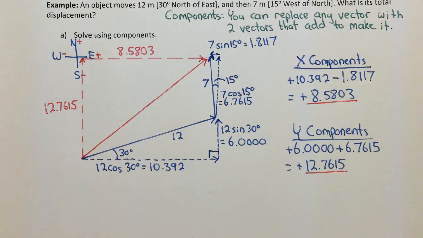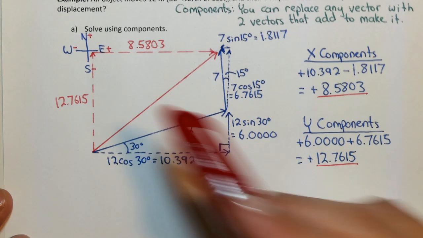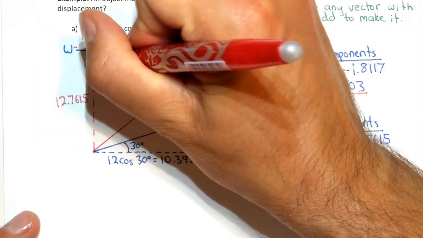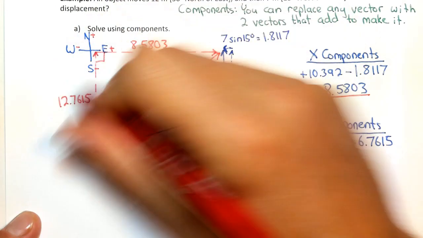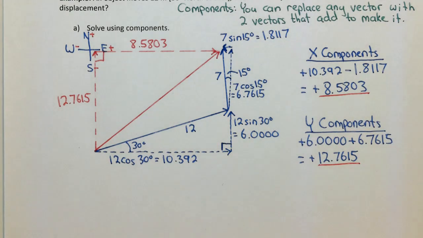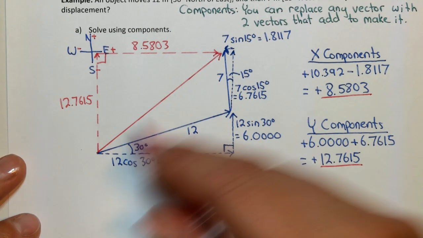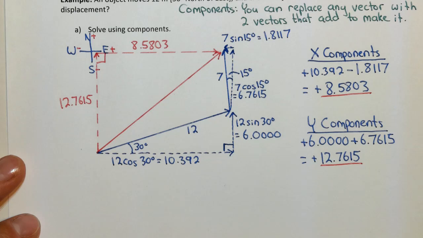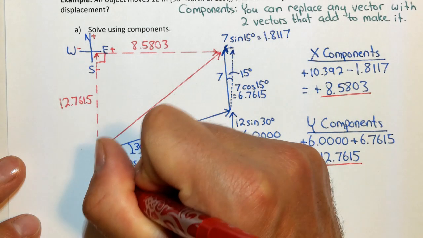So let's do our final step. I've got a right-angled triangle here, and I want to combine these two components to find the resultant. I can find the magnitude using Pythagoras and the direction using SOHCAHTOA.